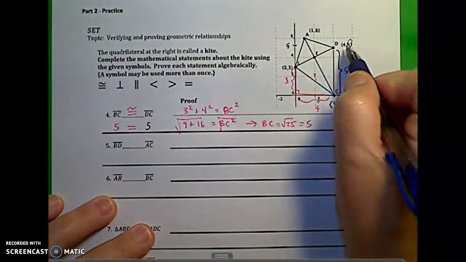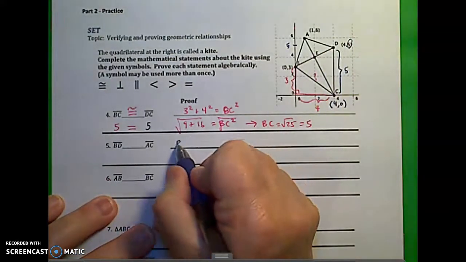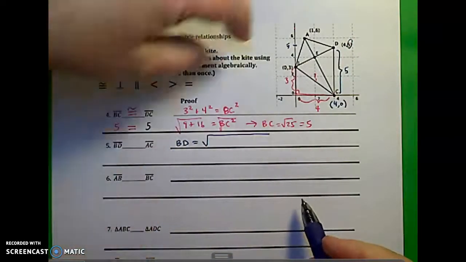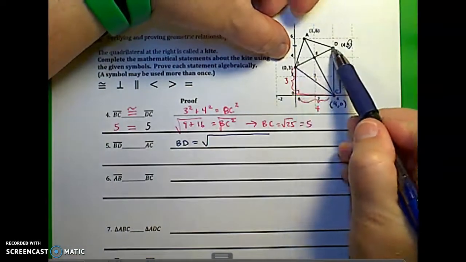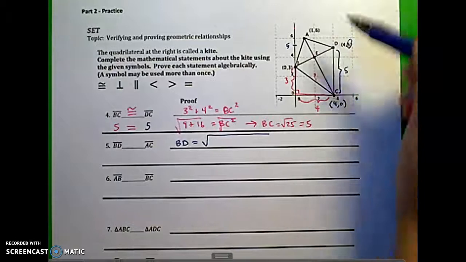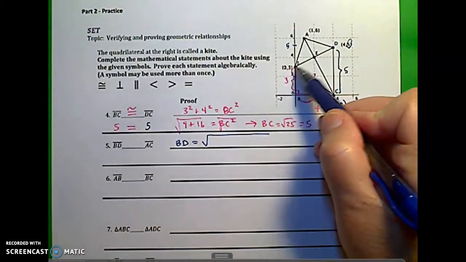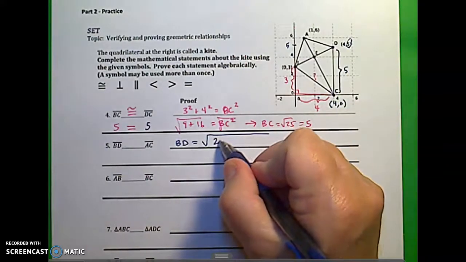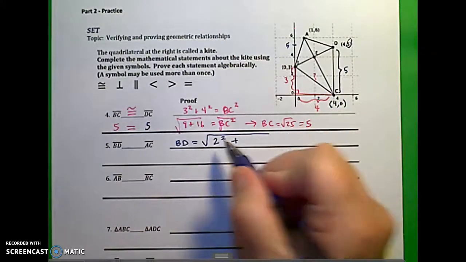So BD, I'm going to use the distance formula for BD. So remember the distance formula is the square root of the difference in the y values squared, and then the difference of the x values squared. So the difference of the y values, I have a 3 and a 5. The difference of 3 and 5 is 2. Don't forget to square it.